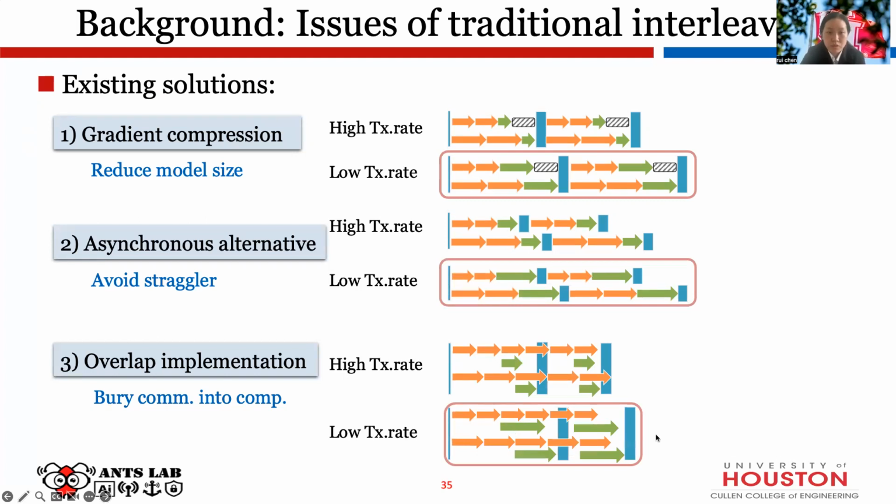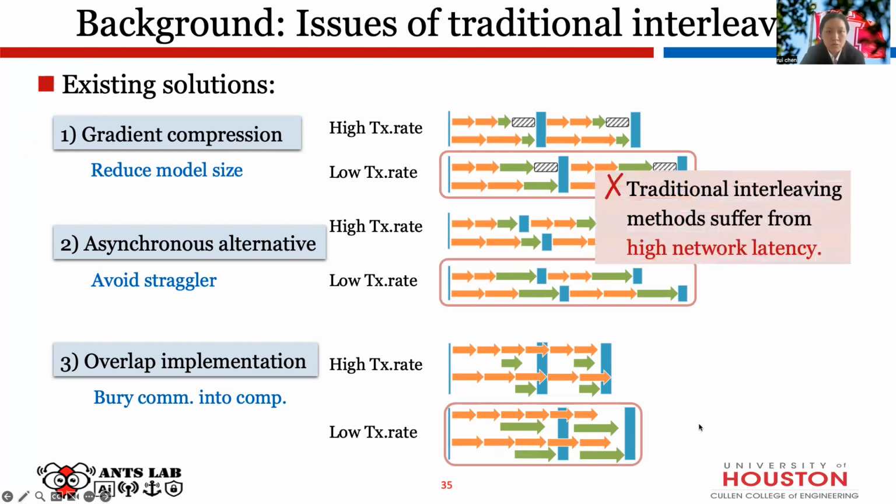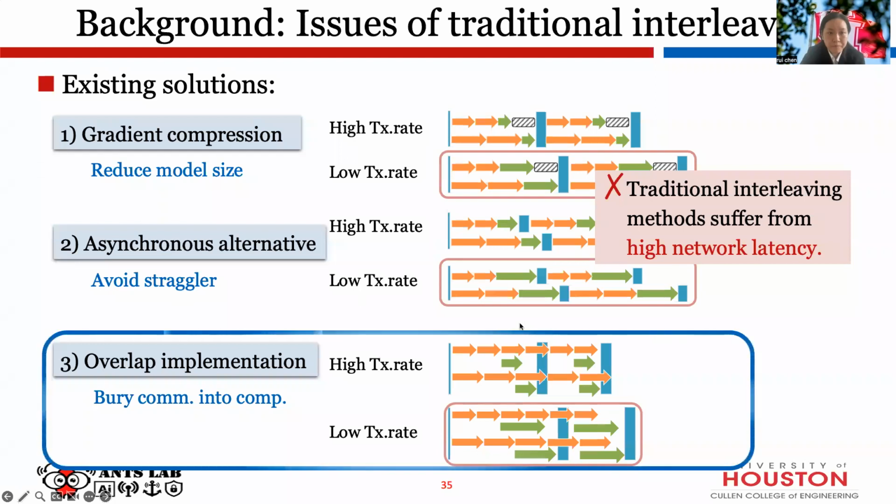So they have very small training increment in the low network speed scenarios. So we see that the conventional interleaving method requires the new global model to arrive, so it suffers from the high network latency.